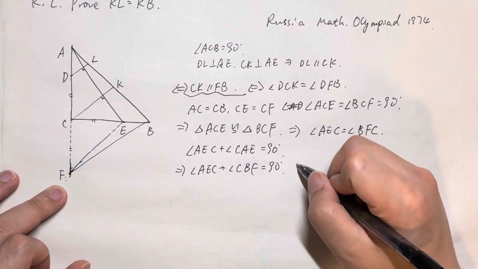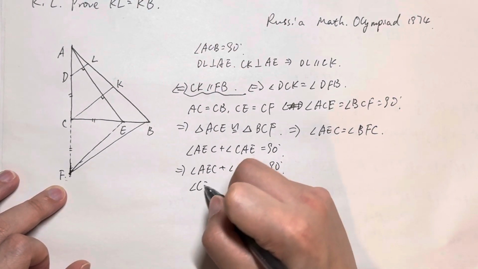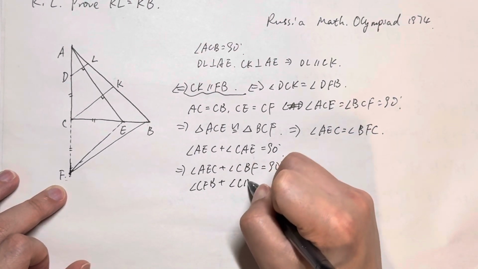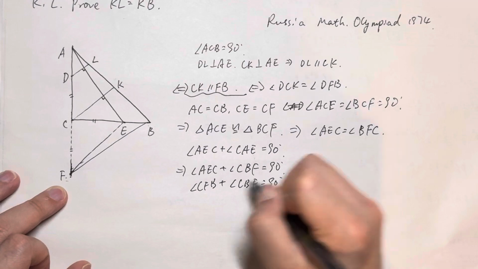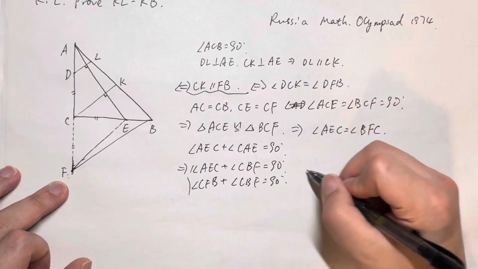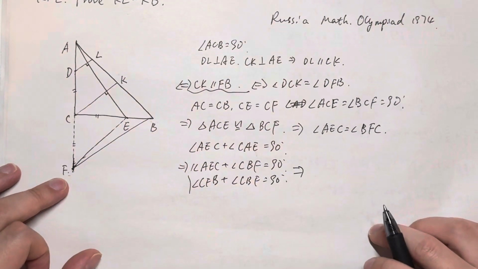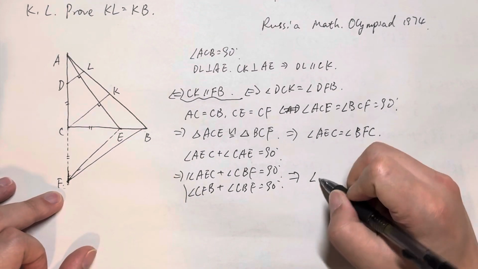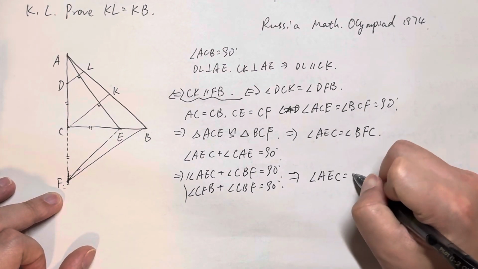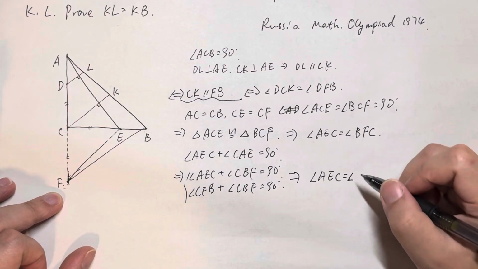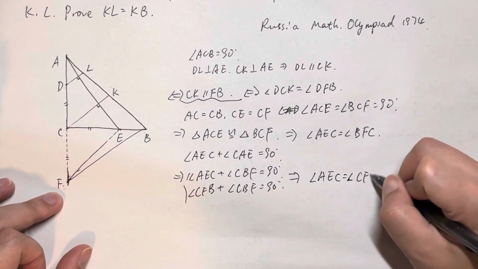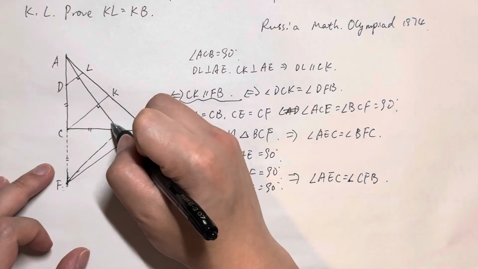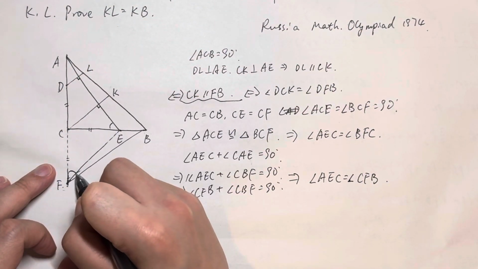And we already know that angle CFB plus angle CBF equals 90 degrees, right? That means angle AEC equals angle CFB, right? This angle equals this one.